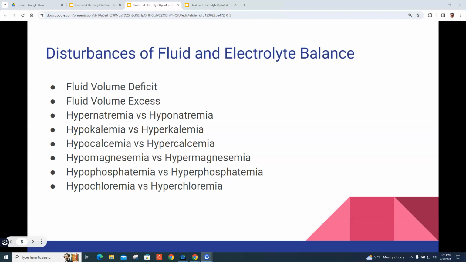So my recommendation is either using concept maps or making charts to describe the various fluid and electrolyte imbalances, what their signs and symptoms are. I am going to make a separate video for, at minimum, hypernatremia and hyponatremia, hypokalemia and hyperkalemia, to give you examples of how you should learn the fluid and electrolyte imbalances.